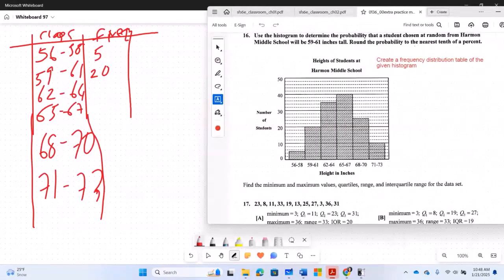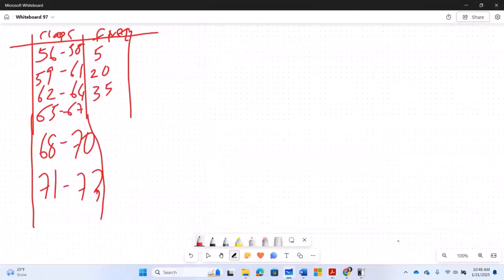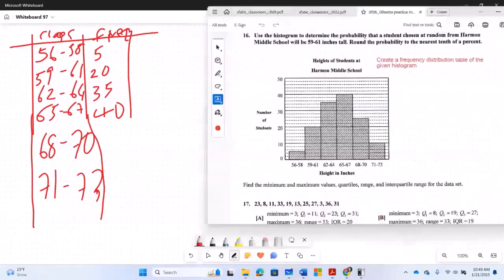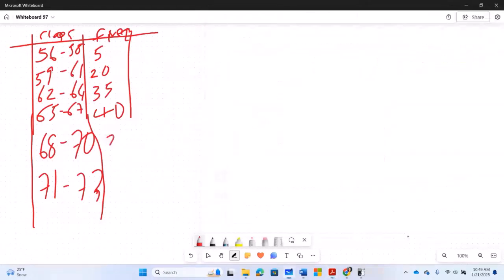The third class has a frequency of 35. The fourth class has a frequency of 40. The next class has a frequency of 25, and the last class has a frequency of 10.